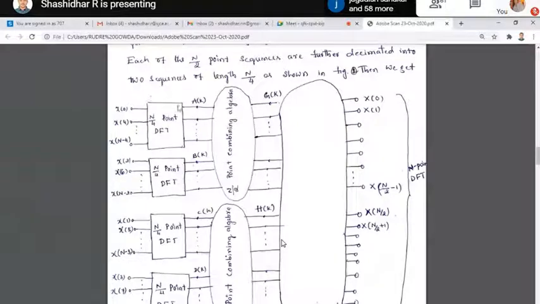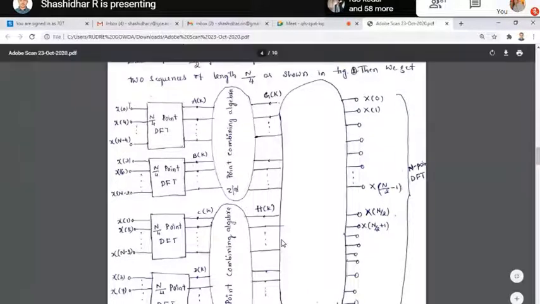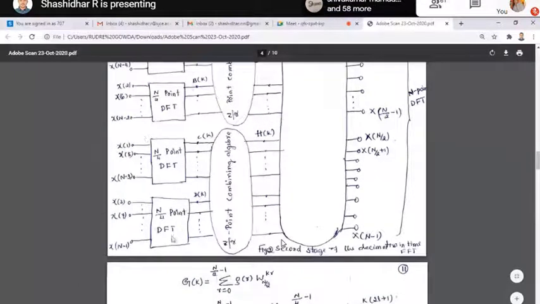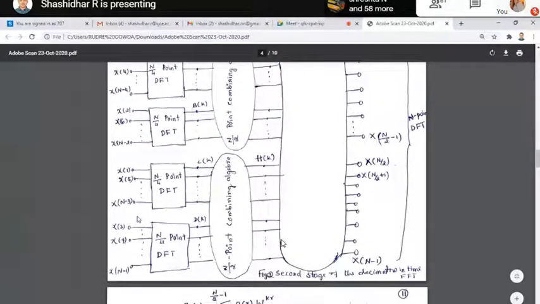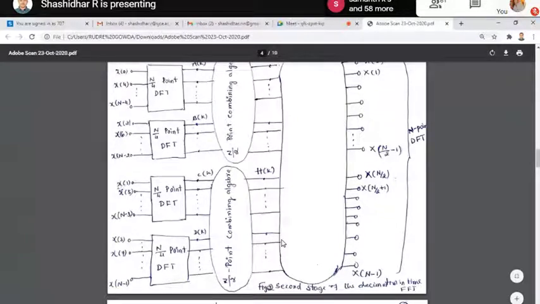If we combine these N/4-point DFTs, these two, we get the N/2-point DFT of the even part. The odd part has x(1), x(5), x(N−3), x(3), x(7) and x(N−1). When we combine these two, we get an N/2-point combining algebra.